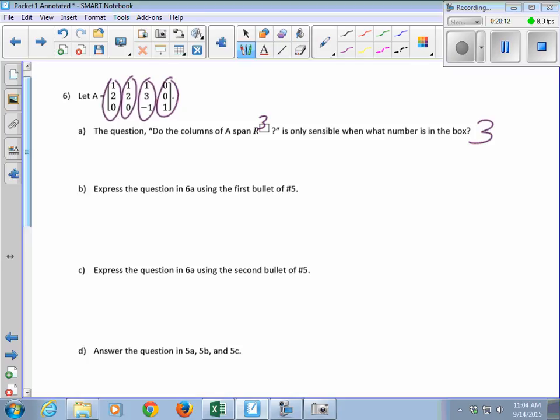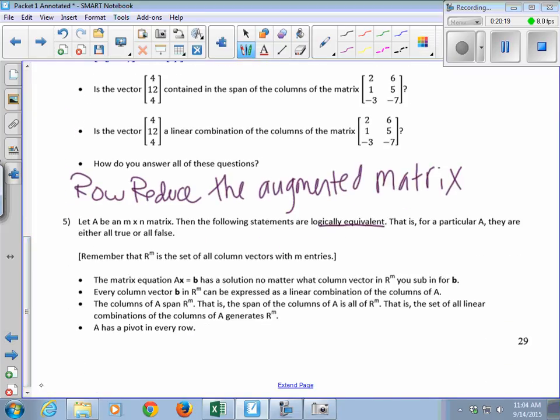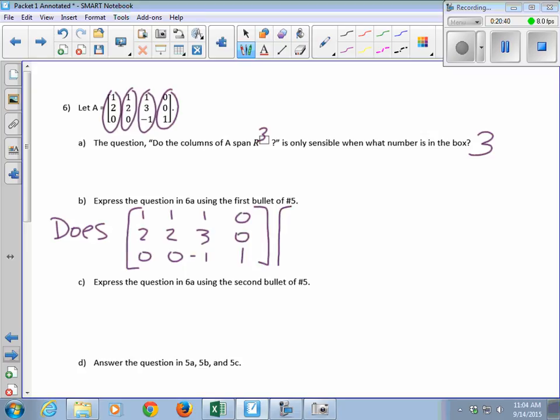So I want to express this question using the first bullet from before. The first bullet said, the matrix equation AX equals B has a solution for all B's. So does the matrix with rows 1, 2, 0, 1; 2, 0, 1, 3; negative 1, 0, 0, 1 times what has to go in here?